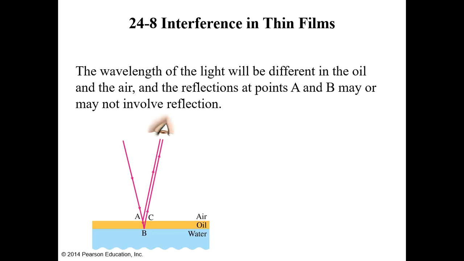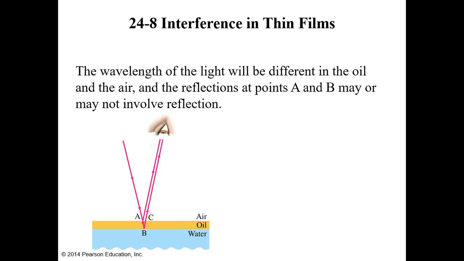Light comes in from the sky and hits a layer, say a layer of oil, at point A, where some of that light is going to reflect. But the rest of the light is going to refract into the oil and continue down to point B, where it hits a second surface, in this case water.